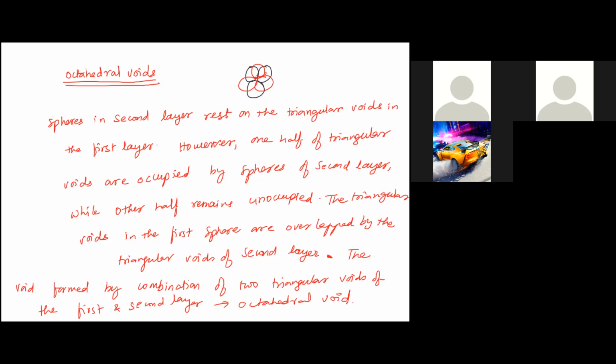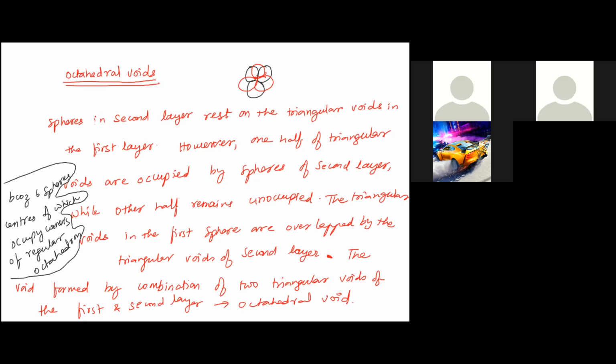Why? Because the 6 spheres have centers which occupy the corners of a regular octahedron.